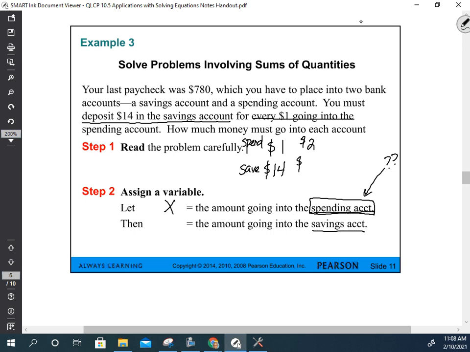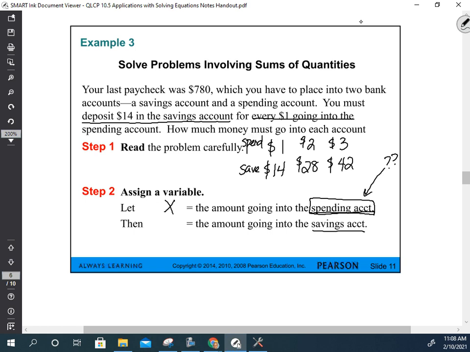If I have to spend $3, how much do I have to save? Think of it as your own money. It's $3. You're going to spend $3. How much do you have to save?